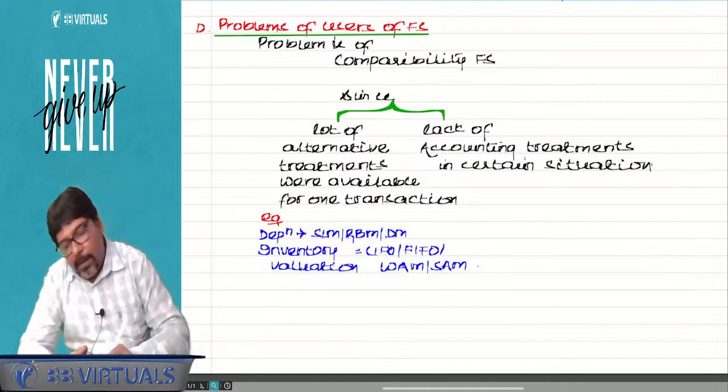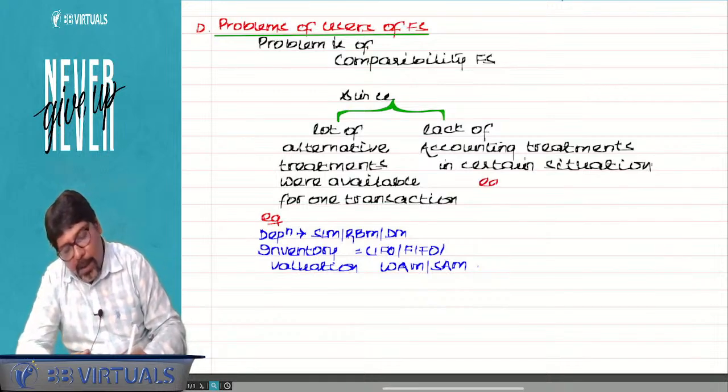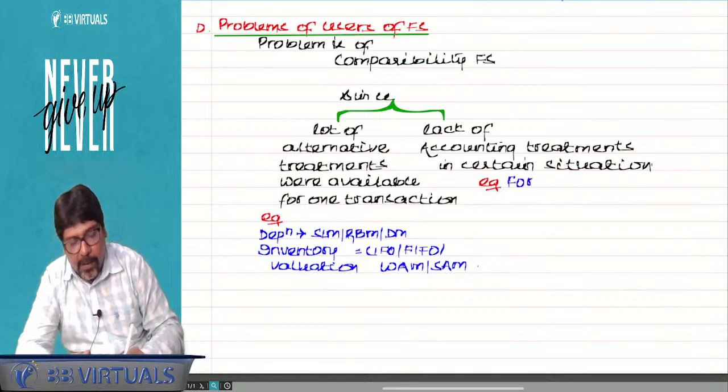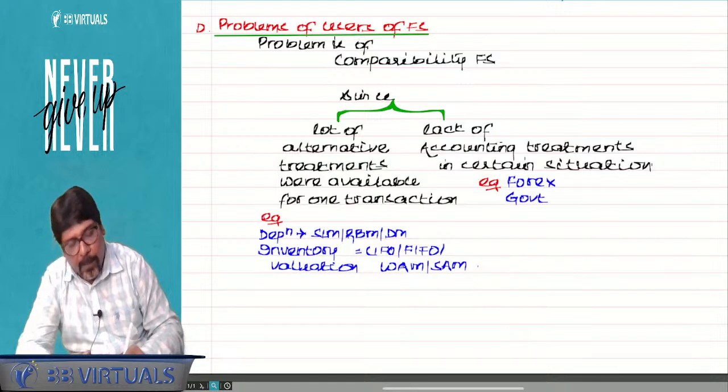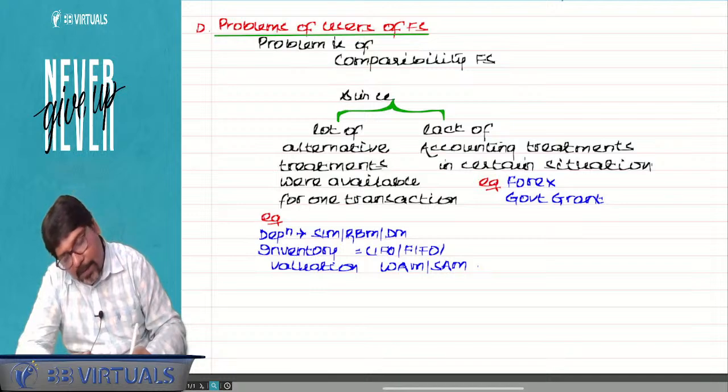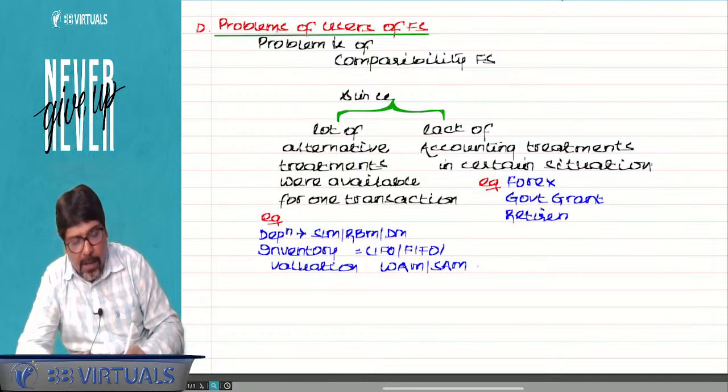Which situations, sir? Situations like foreign currency transactions, then government grants, then retirement benefits. In all these areas, we did not have any accounting treatment at all.